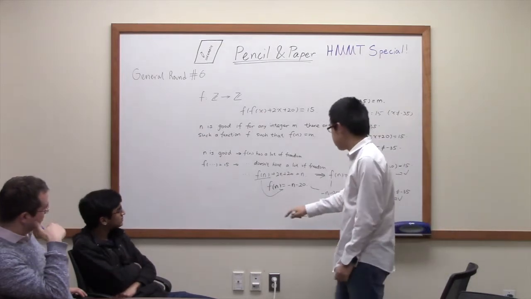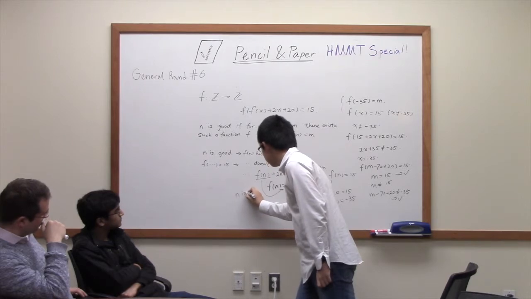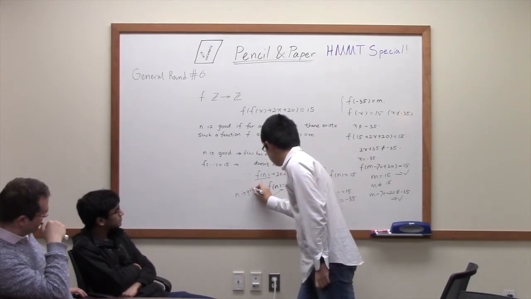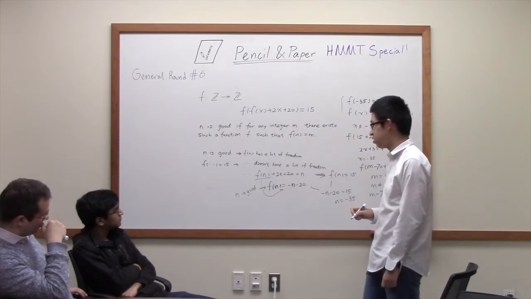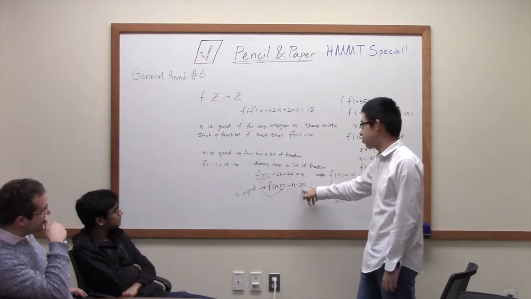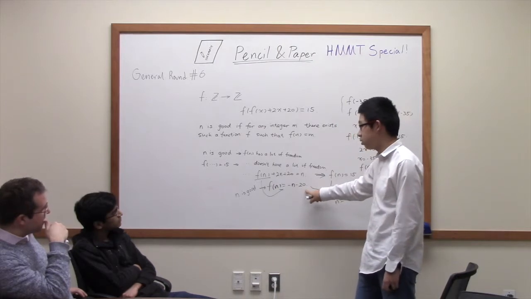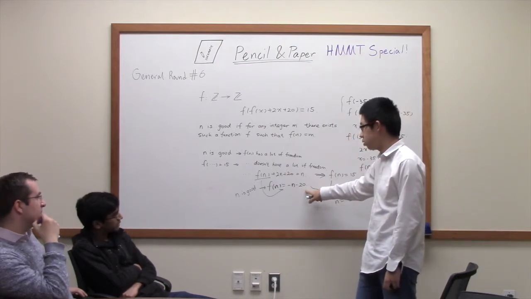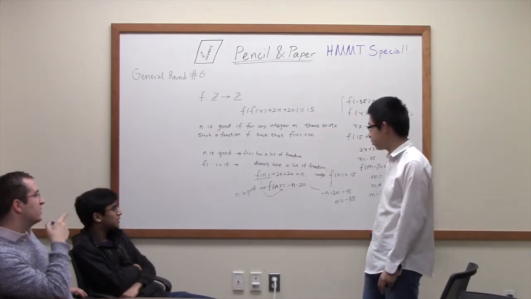So here my logic is, when n is good, then there exists a function such that this is true. If n is good, there must exist a function such that this is true. Yes, so that's because negative n minus 20 is a constant.